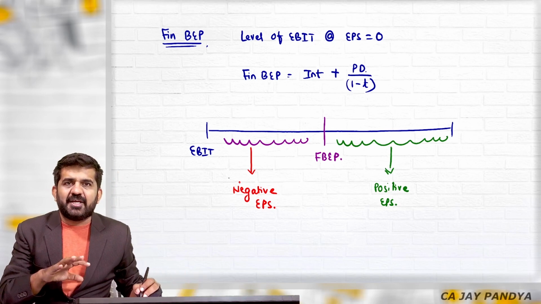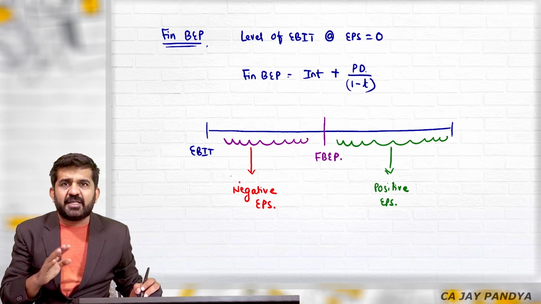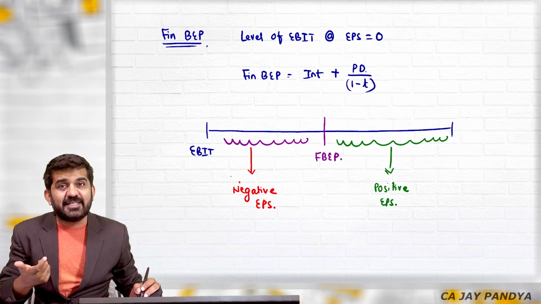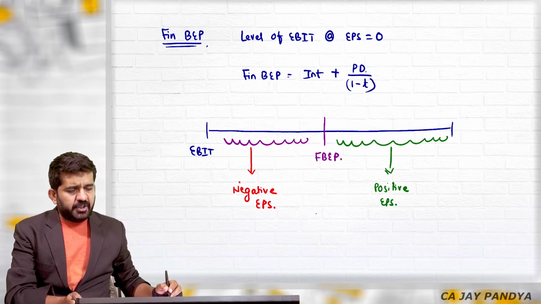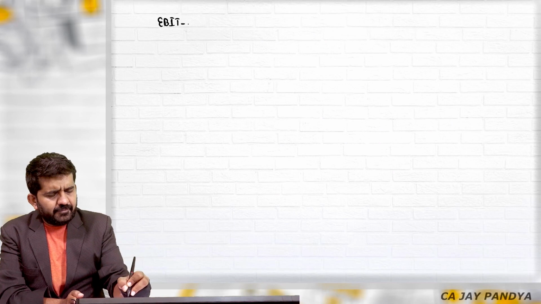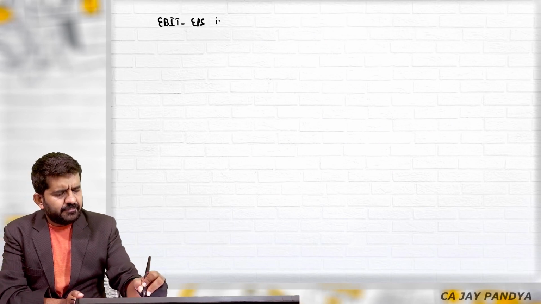Above the financial break-even point, I will be earning positive EPS. Below the financial break-even point, if my EBIT in the next year or forecasted is lower, I would be earning negative EPS. What the next point was: EBIT-EPS indifference point.